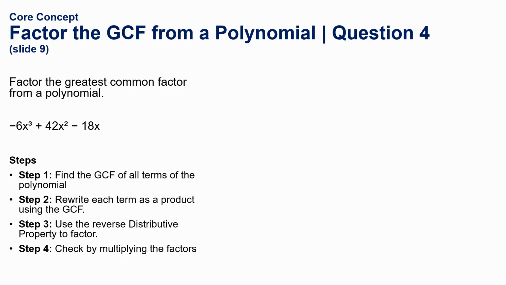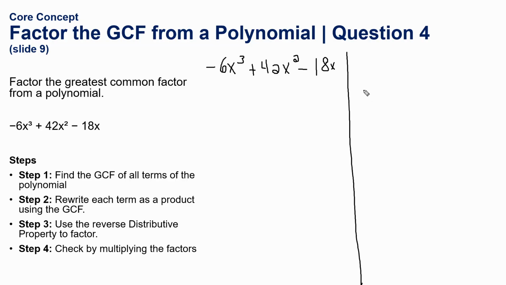Question number 4 then is to factor the greatest common factor from a polynomial, this polynomial being negative 6x to the third power plus 42x squared minus 18x. So finding the greatest common factor, we have negative 6x to the third power.